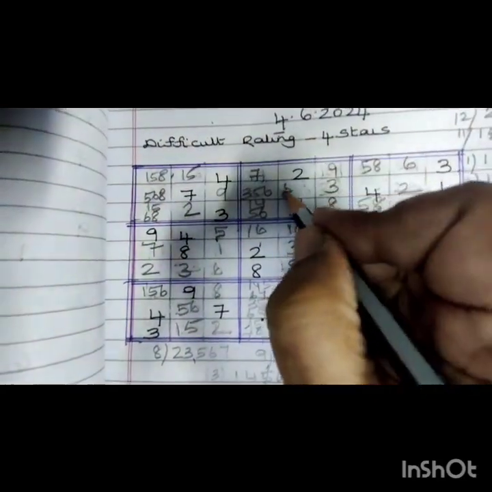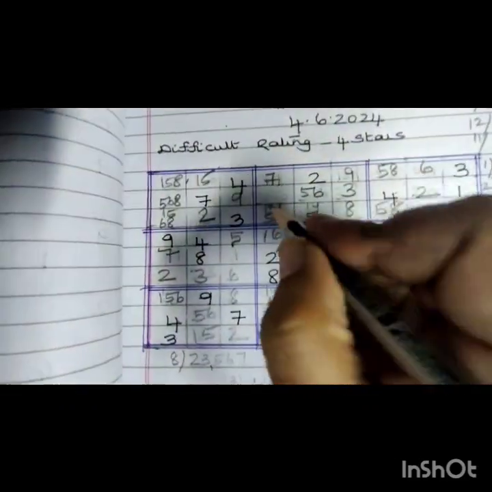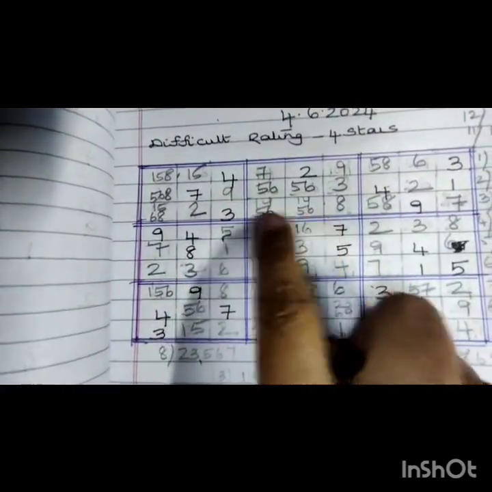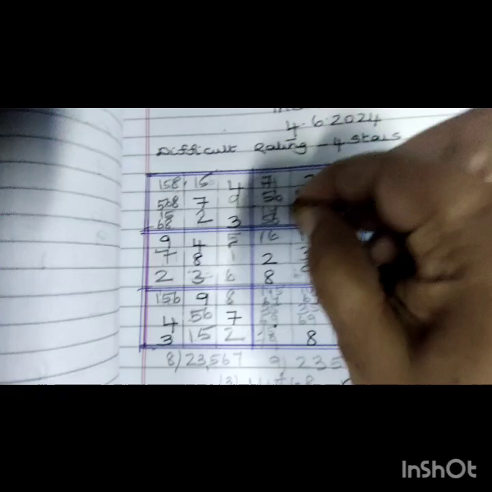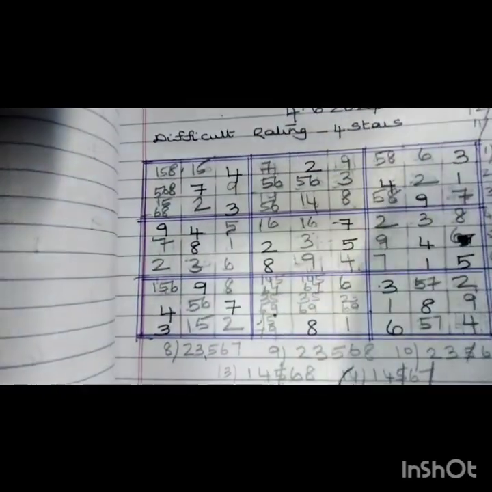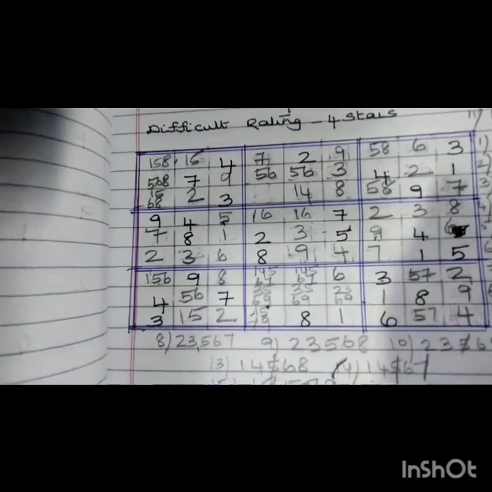5, 6, 5, 6. If 5, 6, 5, 6 means these two cannot come in any of the other cells in this box. Remove 5, 6, then it becomes 1, 4, 1, 4.